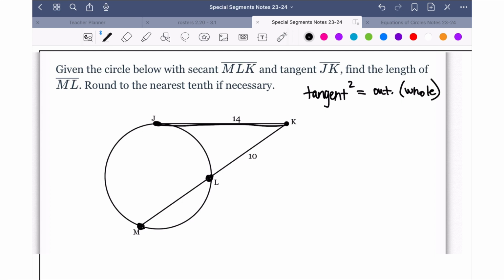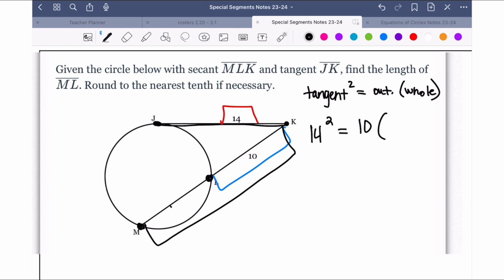So my tangent segment is 14. So 14 squared equals the outside of the secant segment, which is 10, times the whole thing, 10 plus this section, which we don't know, so it's x. 10 plus x.